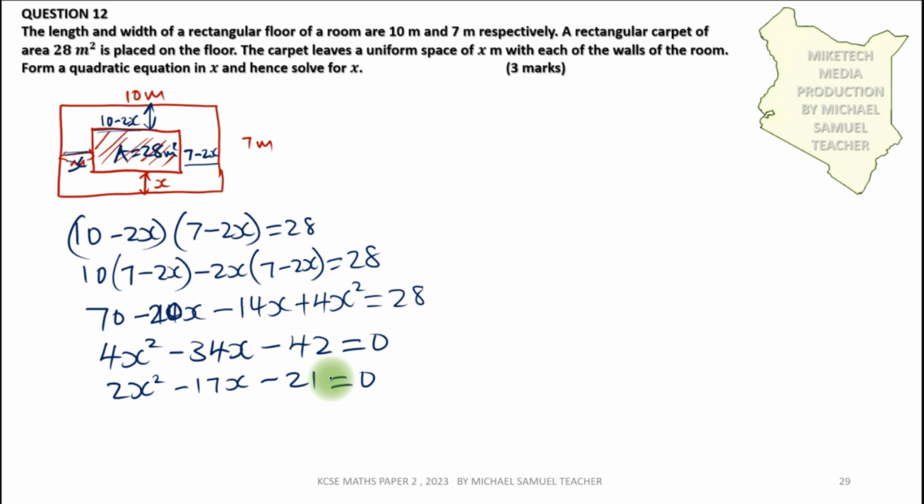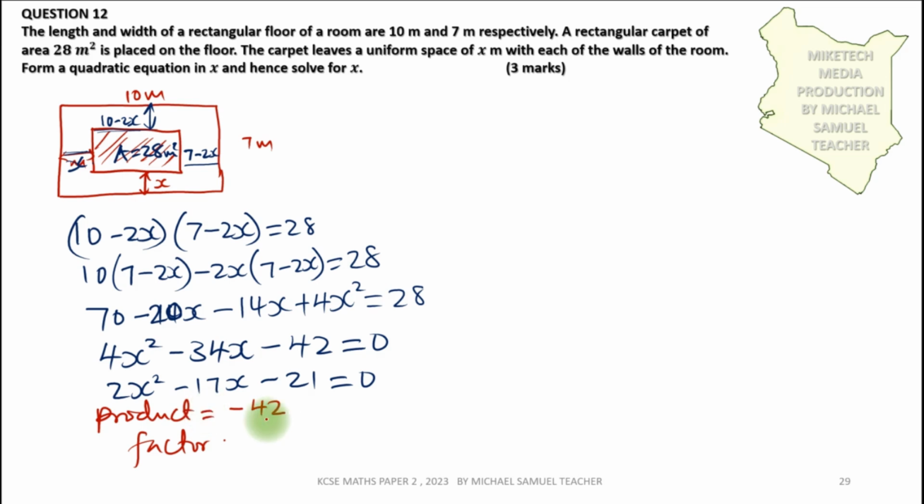I can use the factorization method to solve for x. So I need to get the product AC. Product AC, 2 times 21, that is 42. Then I get factors of 42 such that when added I'll get minus 17.